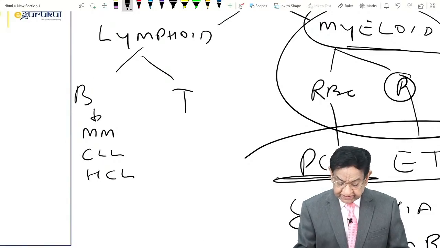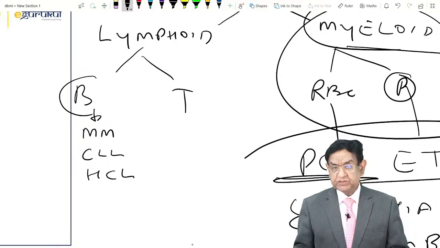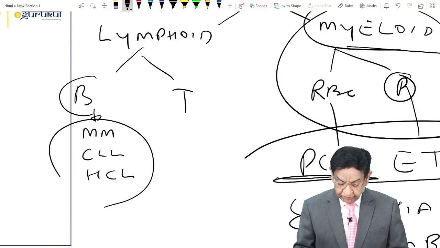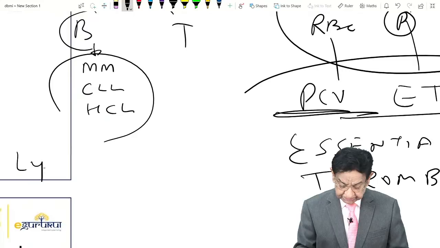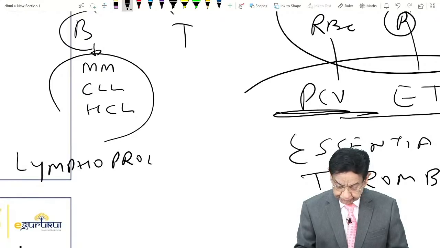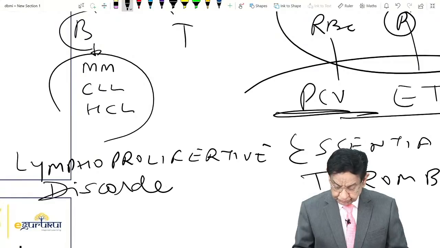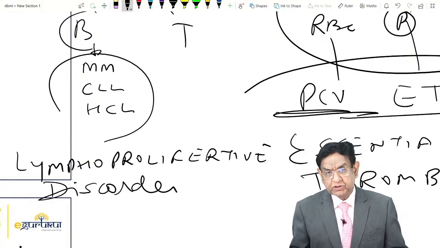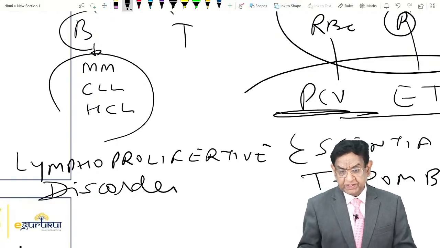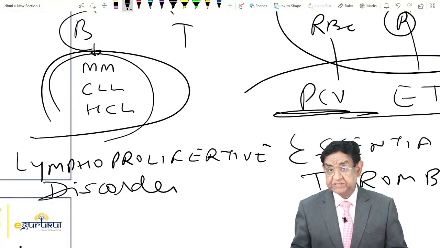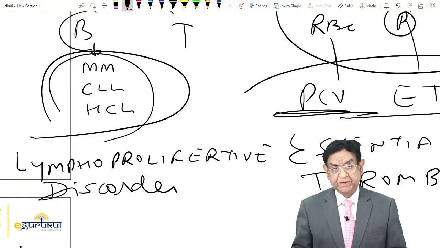These malignancies which arise from B cells, together are known as lymphoproliferative disorders. So as today's topic is lymphoproliferative disorder, I'll be discussing these three diseases in particular.